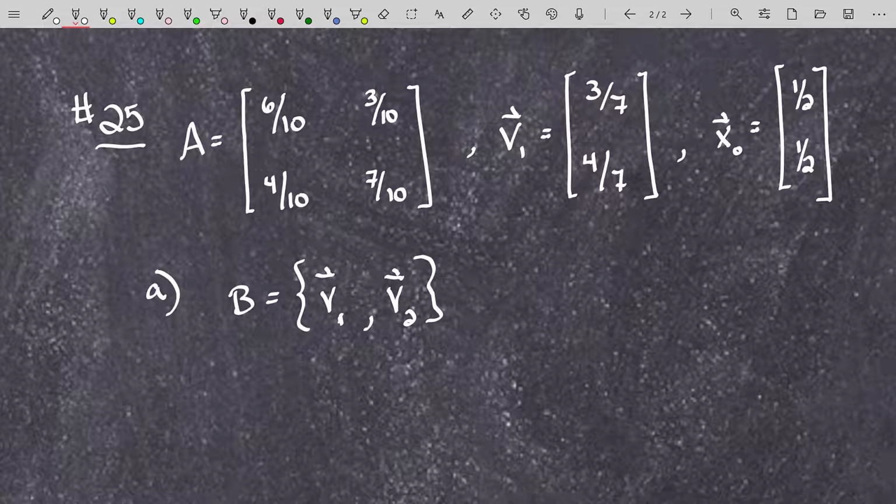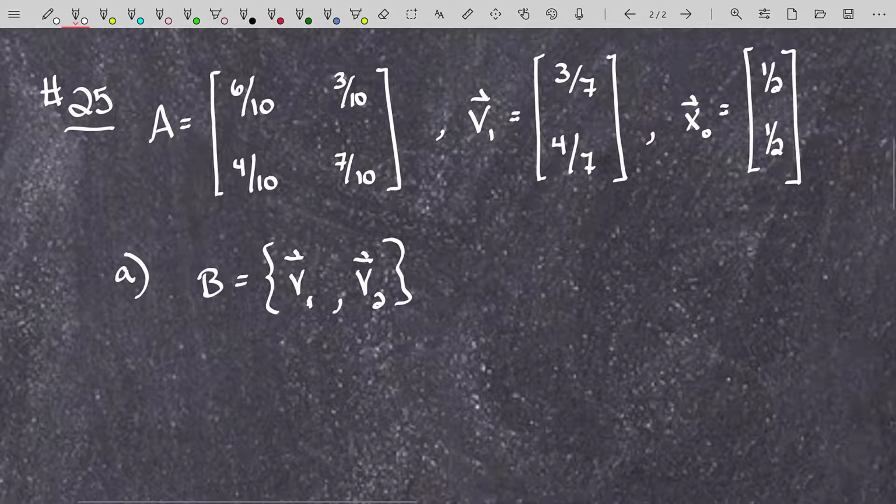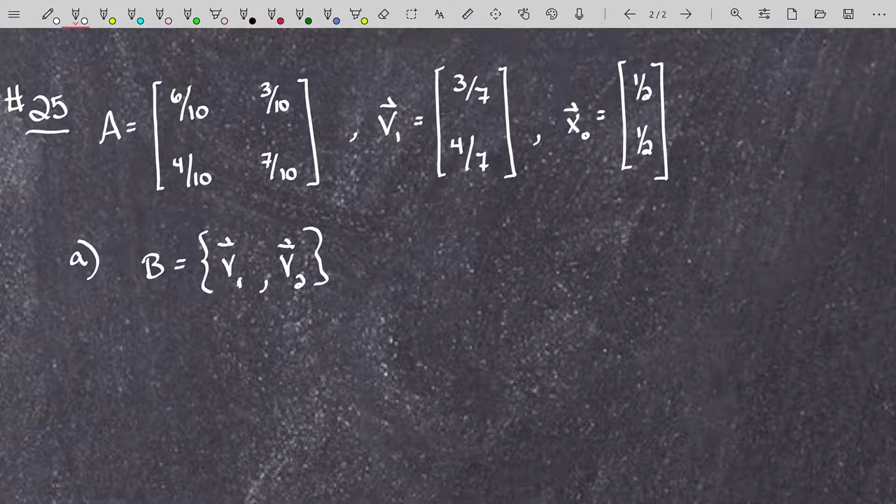So I'm going to go ahead and find the corresponding eigenvalue. That's just going to help out. You don't actually have to start by doing this, but you're going to have to do this eventually. So since they kind of hinted that V1 is an eigenvector, I'm going to go ahead and figure out what the corresponding eigenvalue is.